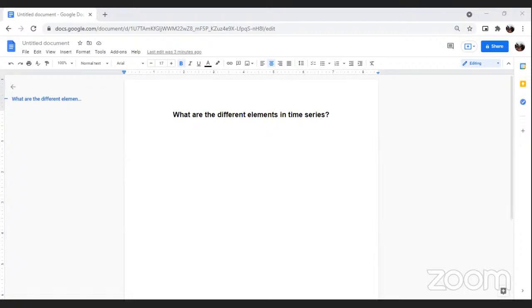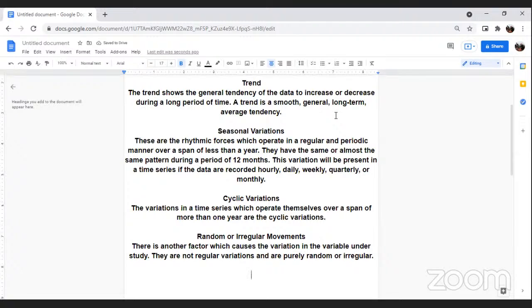So these can be called the elements of a time series. Yes, Ipsita, seasonality is where it falls under.